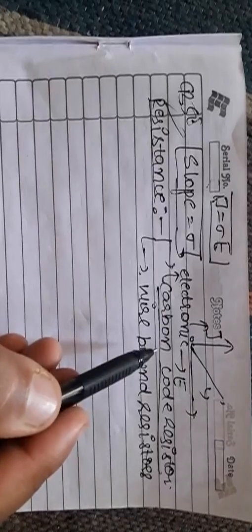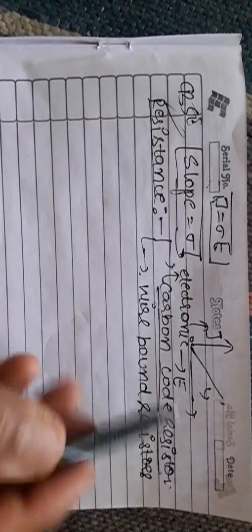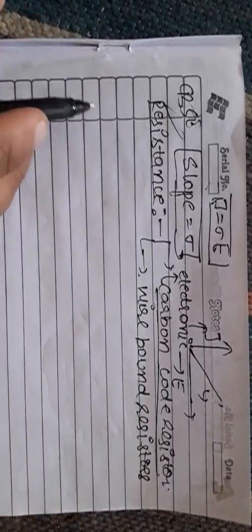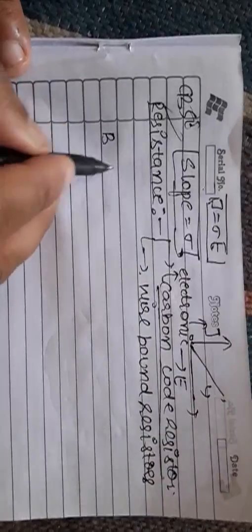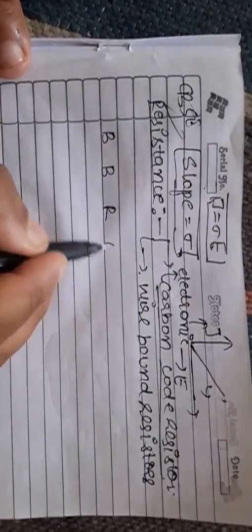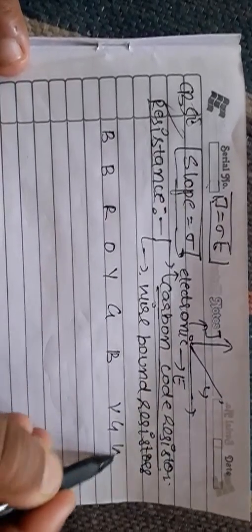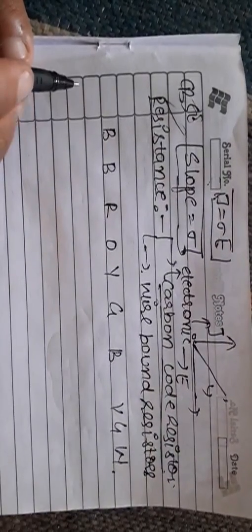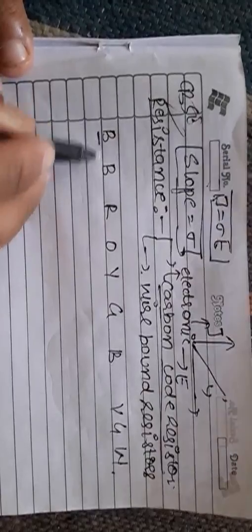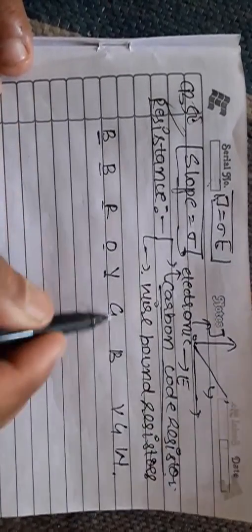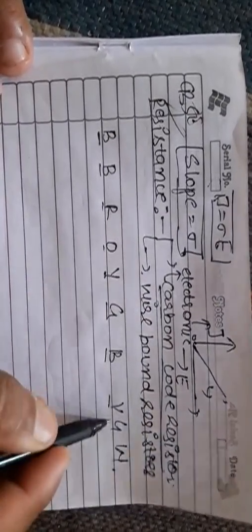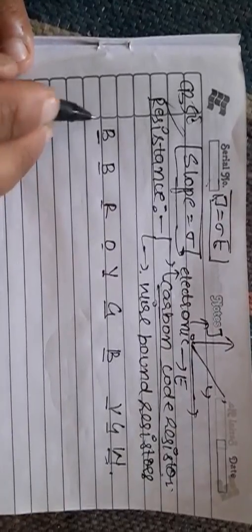Now I am going to tell you the method to find the resistance of a carbon core resistor. For this you have to learn this table: B B Roy of Great Britain has a Very Good Wife. This is the method to learn. This is basically colors.